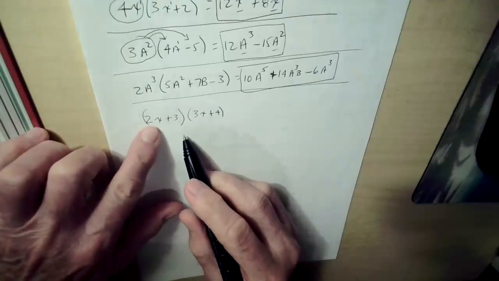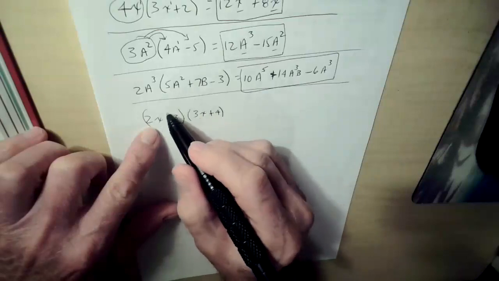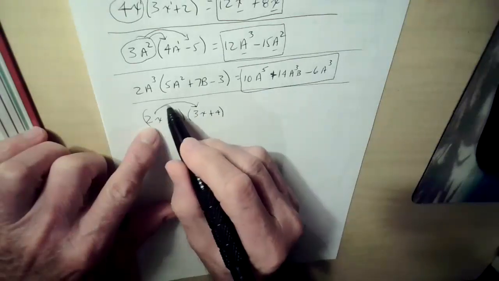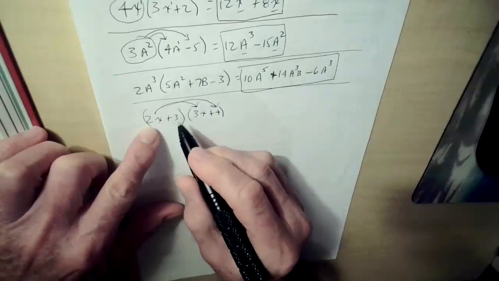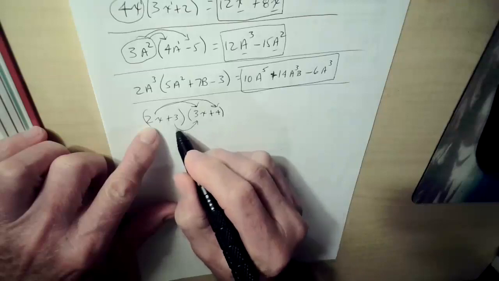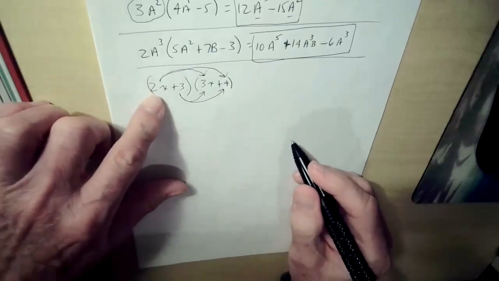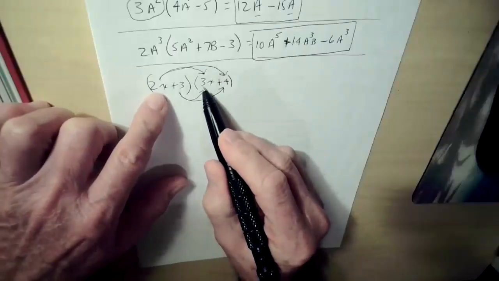Same thing, the only difference is it's a little bit longer. Take these one at a time. Take the 2x and multiply it times everything over here, 2x times that, 2x times that. Then take the 3 and multiply it times everything over here. This looks difficult. It's not. Very, very important.